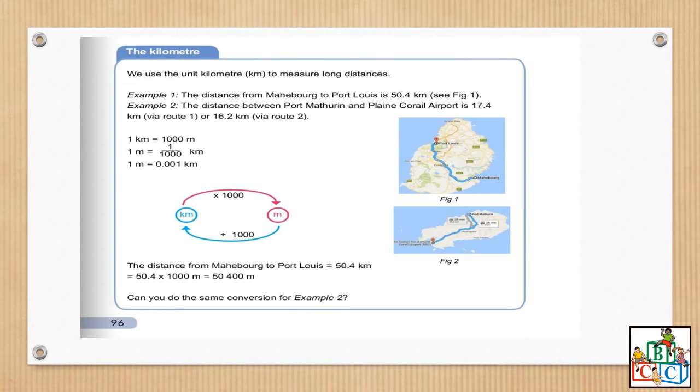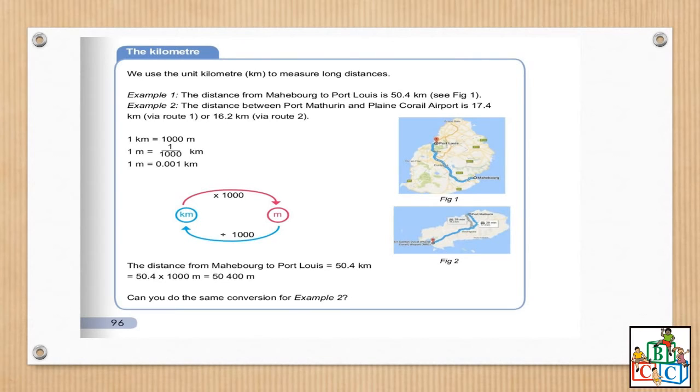Example 2, can you do the same for example 2? Let's see. The distance between Port-Mathurin and Plaine-Corail Airport is 17.4 kilometers. 17.4 kilometers converted to meters.